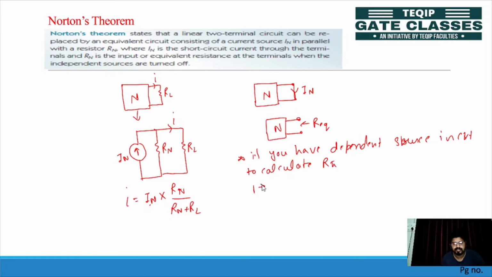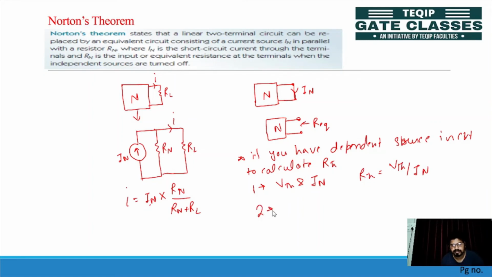First, calculate VTH and Norton current IN, that is open circuit voltage at that terminal and short circuit current at that terminal, and then your RTH will be VTH by IN. This is the first method, you can adopt it.